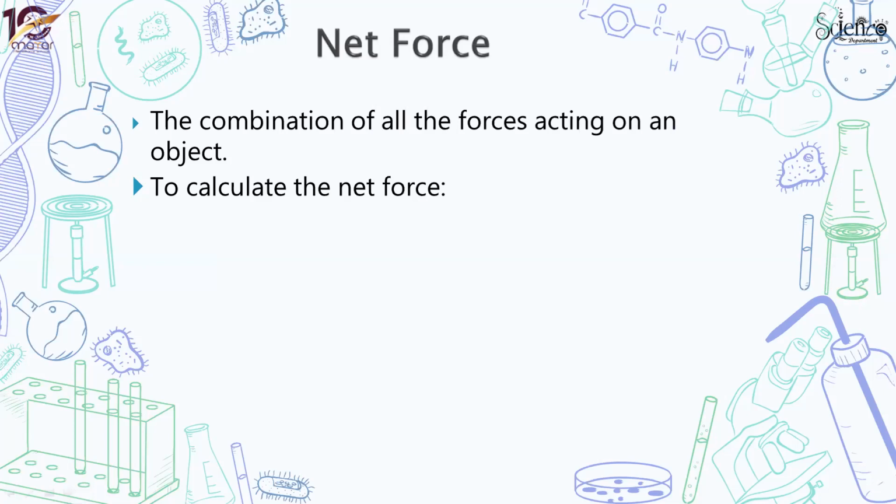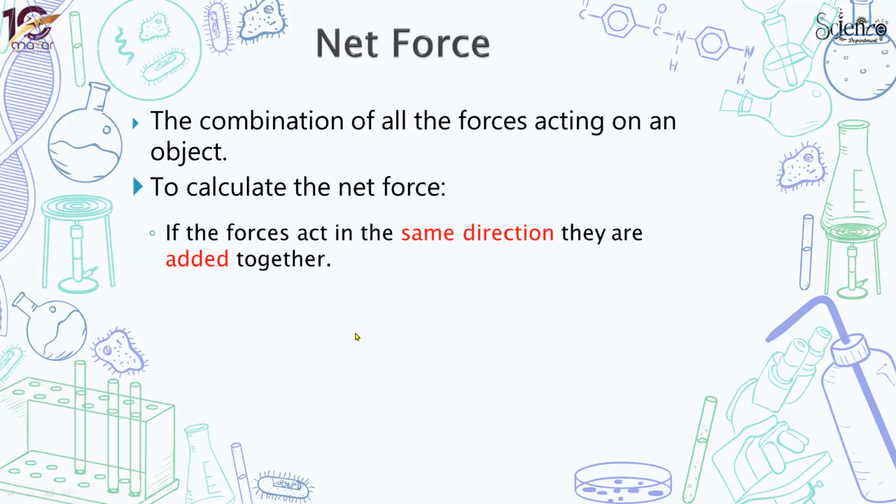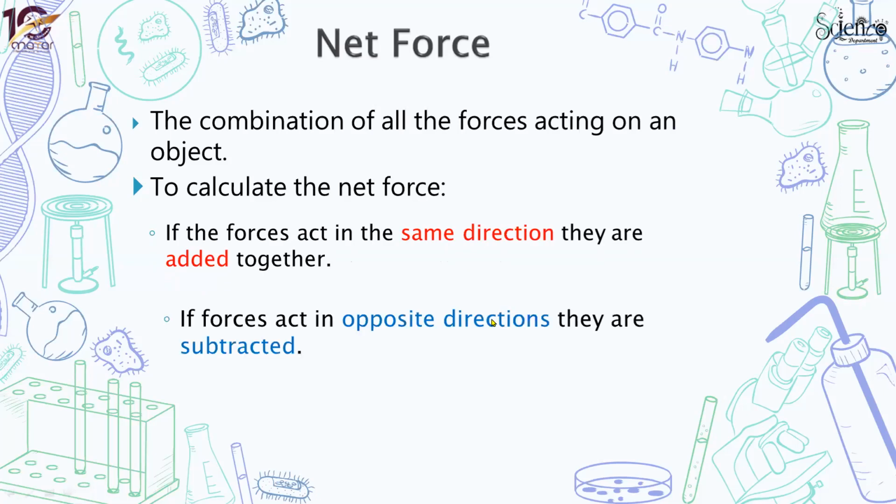To calculate the net force, if the forces are acting in the same direction, we add them together. And if forces are acting in opposite directions, we subtract. There are other ways that you're going to learn in the coming years, but for now we're going to learn if the forces are acting in the same or opposite directions.